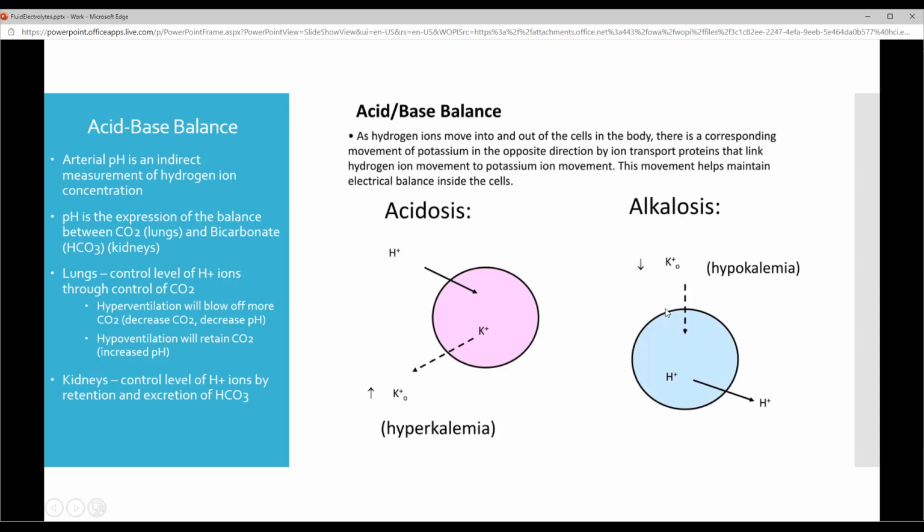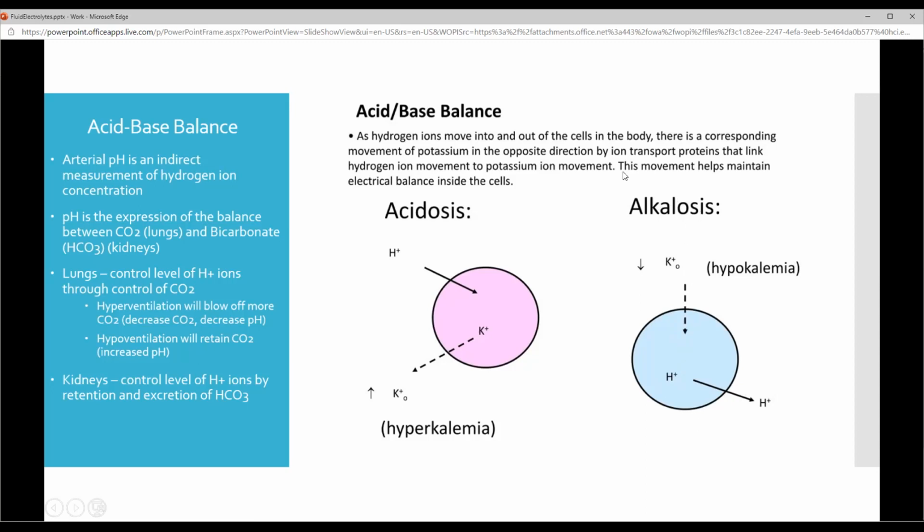I'm sorry, I said hyper. With hypokalemia, hydrogen has now come out in exchange for potassium, but now it's leaving us hypokalemic, right? It's going to cause potassium levels to go down.